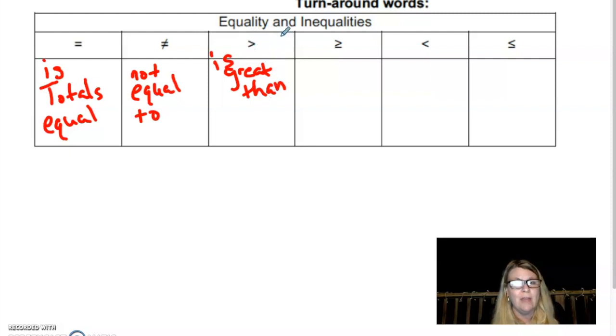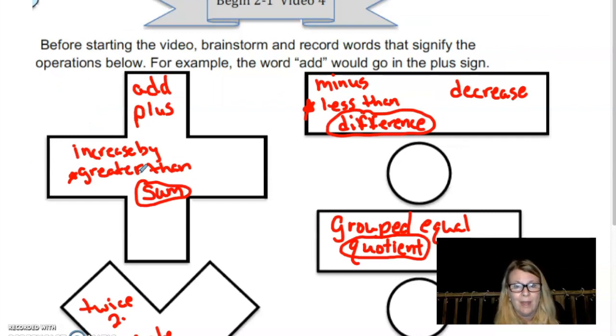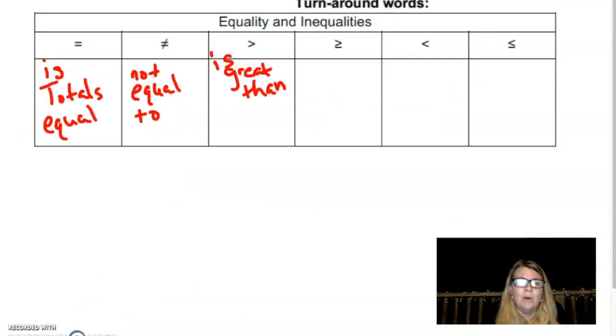If we just say greater than, if you go back and look at the slide right before, we use the word greater than for addition. So if we add the word is with it, then that will mean that we're going to use an inequality. This one would be the phrase is greater than or equal to.